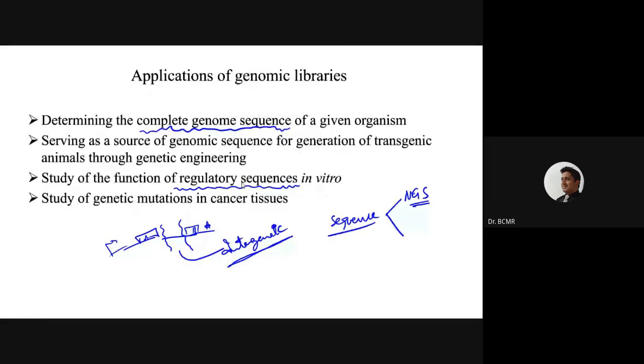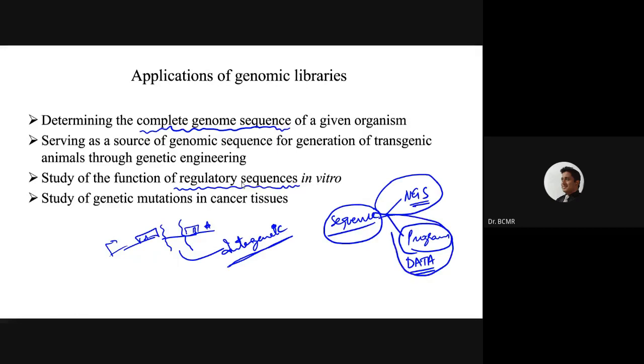The second thing is to build your programming skills, programming to manage the huge amount of data, and that data is biological data here. Of course, it is needless to say, you should know the biology very well.